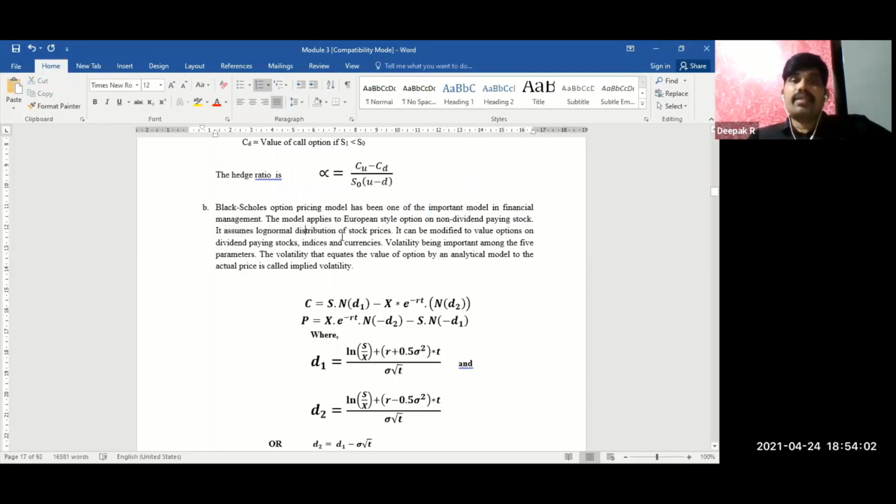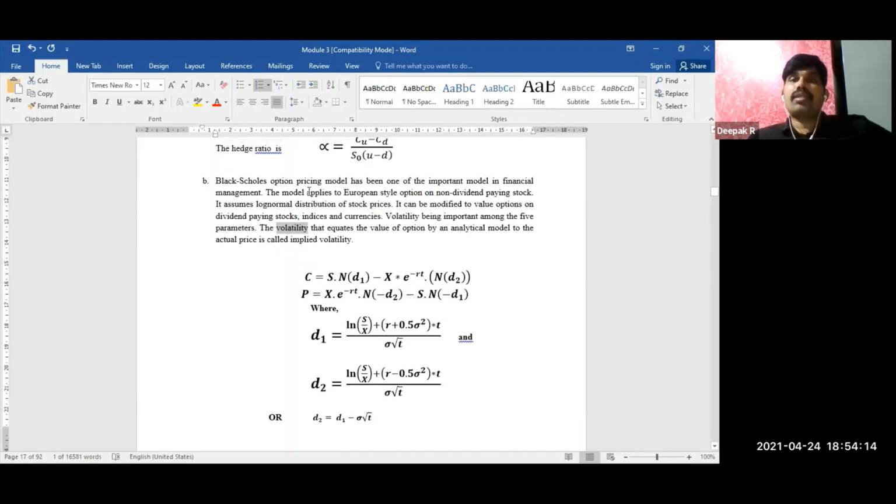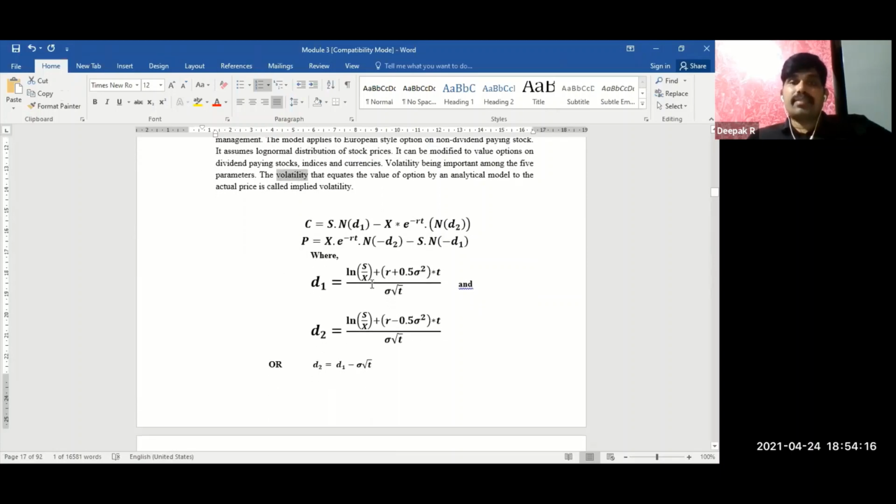Once they calculated the return form of the data, they felt that volatility, the spot price, as well as the time to maturity play a very important role in deciding the option price. And thus they came up with this formula for the call option as well as the put option.